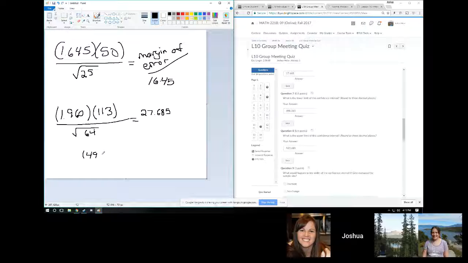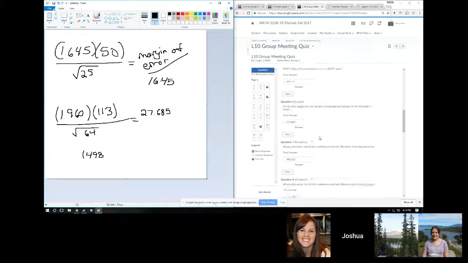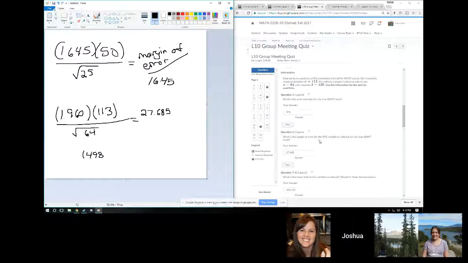All right, what answer did you get for number 5? 27.685 is what I got. So I must be doing something wrong if that's not what you guys got. No, you found the margin of error, so you found the answer to number 6. 27.685.